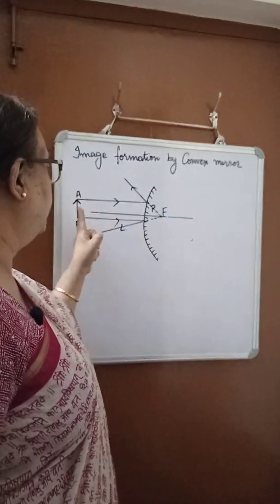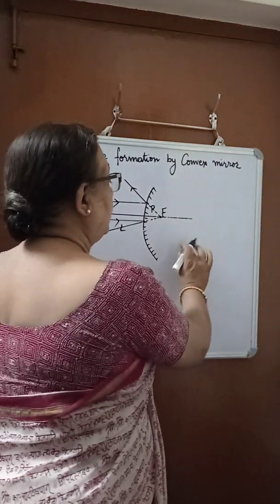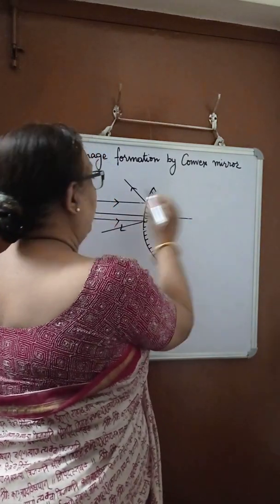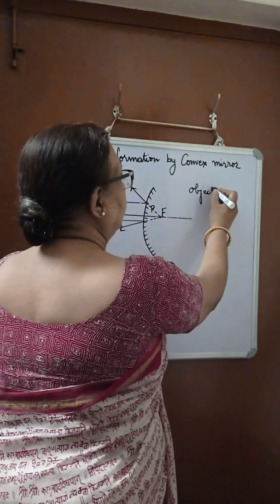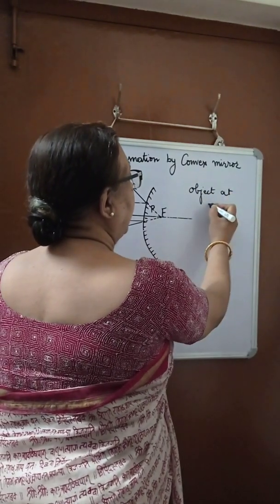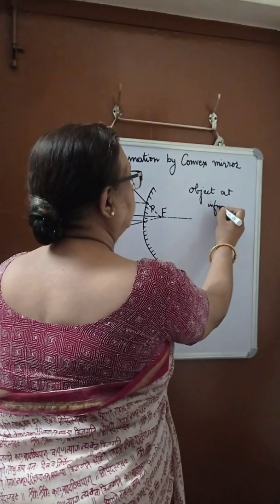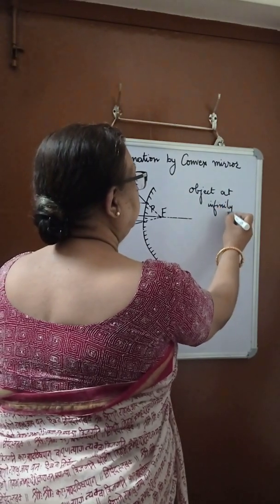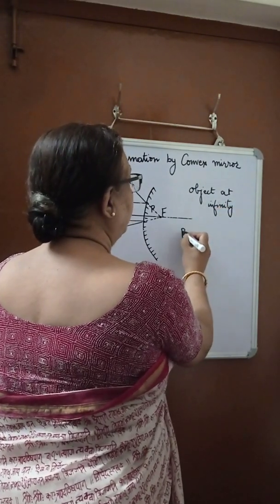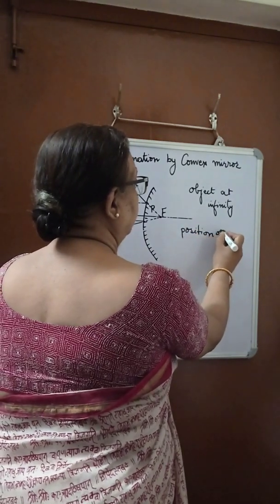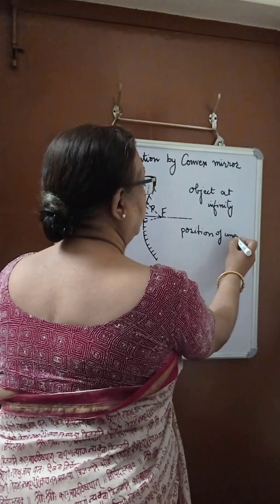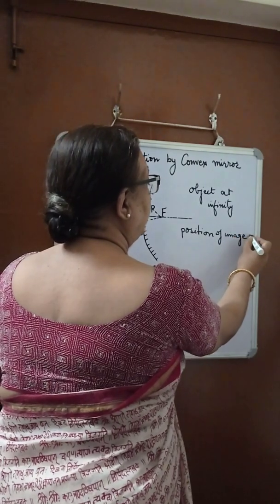So for an object at infinity, what is the position of the image?